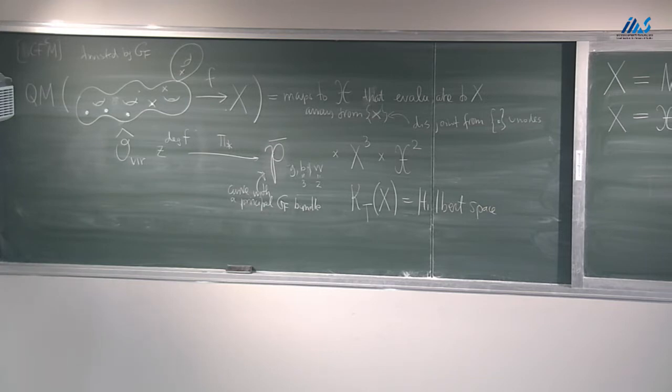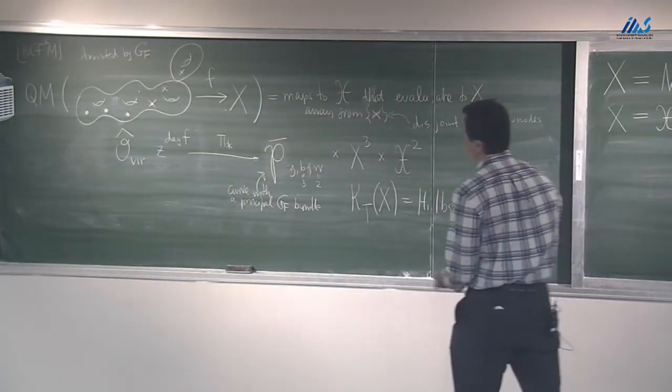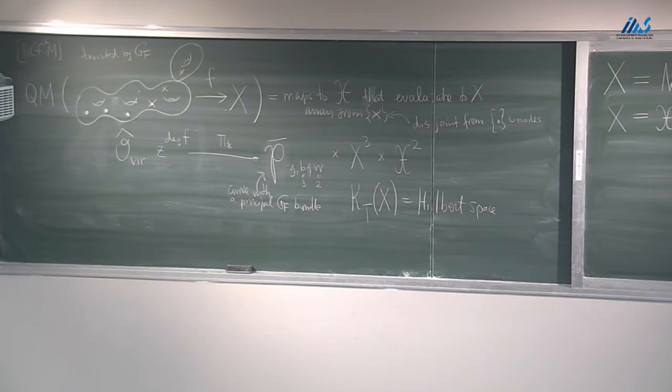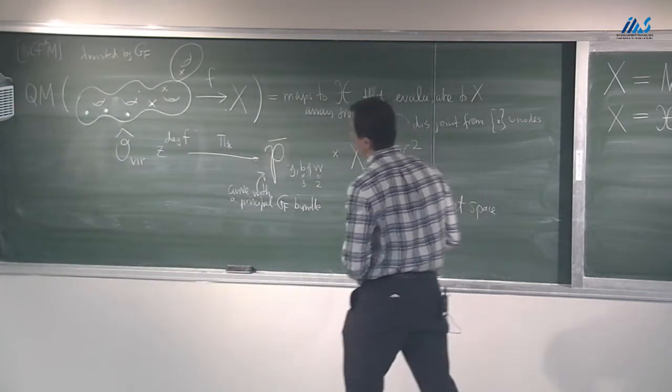Like I said, this satisfies all the gluing axioms. If you break a curve, you have to degenerate the bundle, and you get to degenerate the bundle any way you like, so it still satisfies gluing. And so there's a general Givental-Teleman philosophy that says this is determined by very, very few pieces of data.